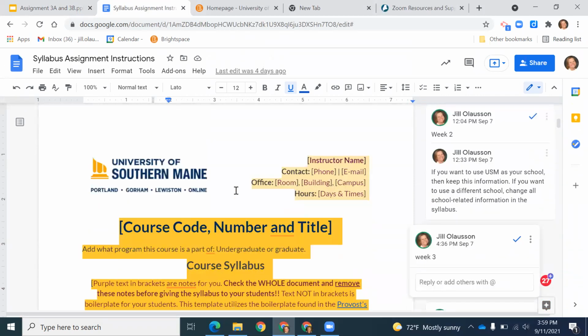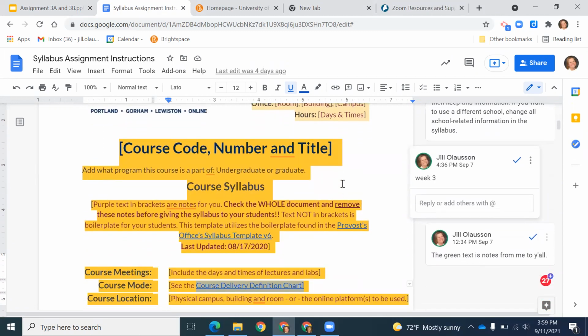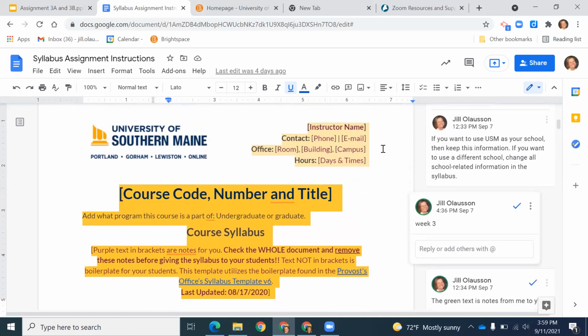And then for week 2, you were going to put in your instructor name, all of this information here. And for week 3, what you would do was choose your course code, the number and title, and the name of your course.